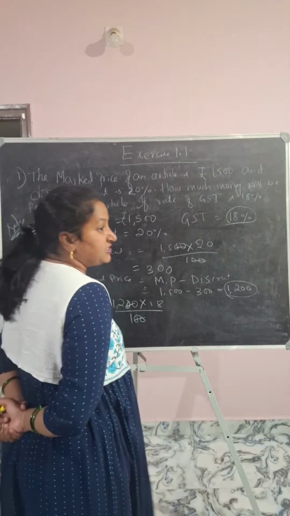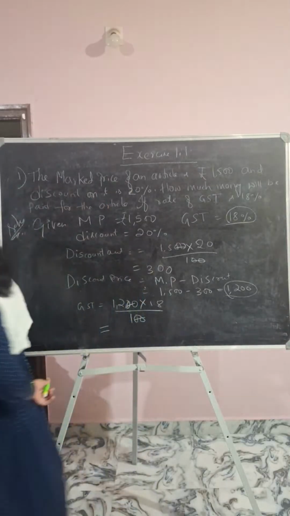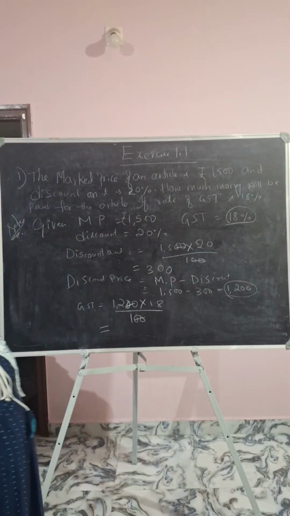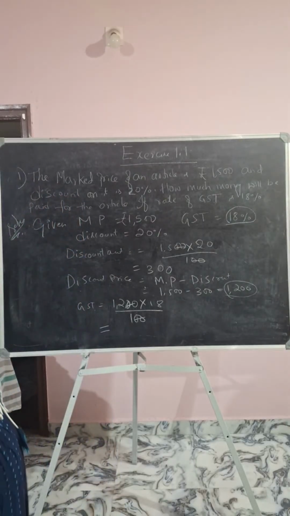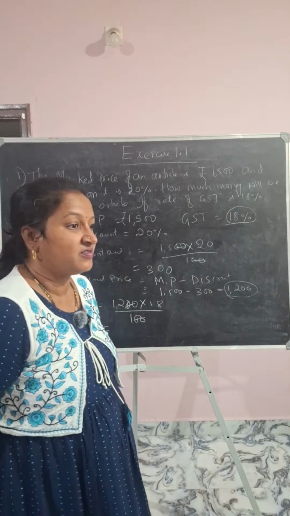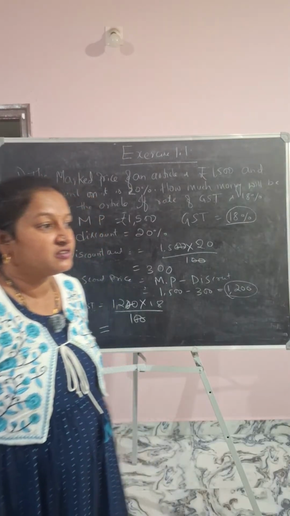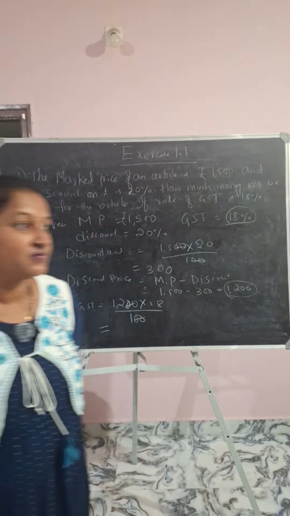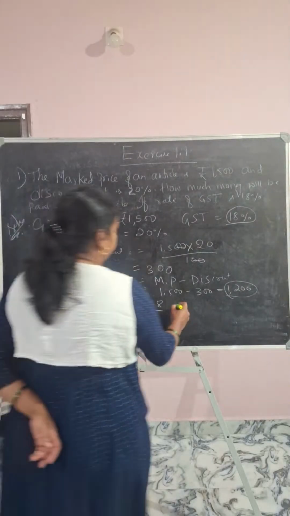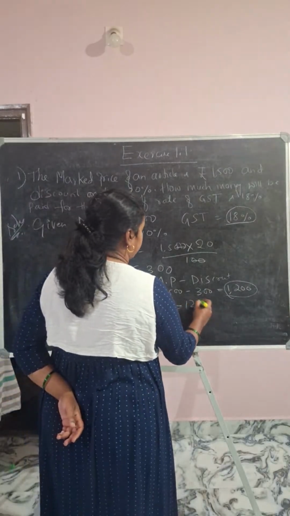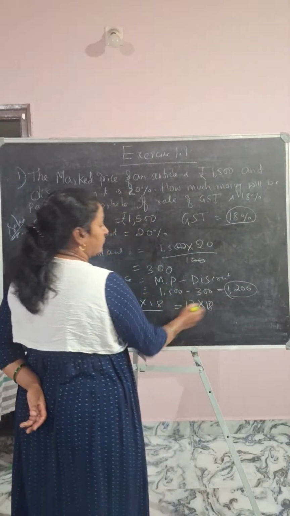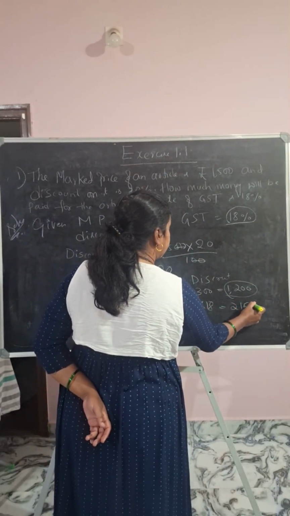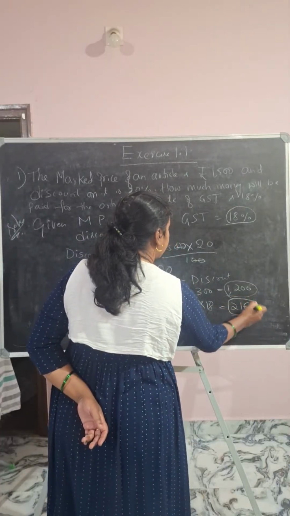Let me see the final answer in the comment section. So 12 into 18, which is equal to 216. 216 is the GST amount.